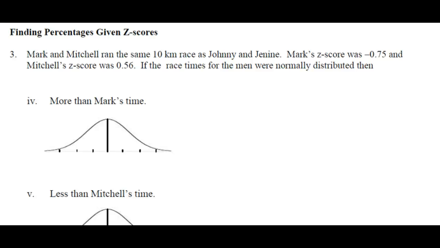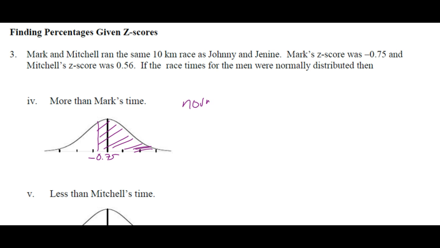Finding percentages given, more than Mark's time. Greater than Mark's time. Mark's score was negative 0.75. So do this every time: sketch out a little normal distribution and shade. More than is this way.